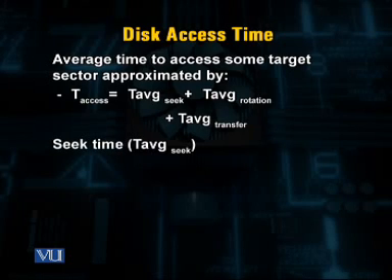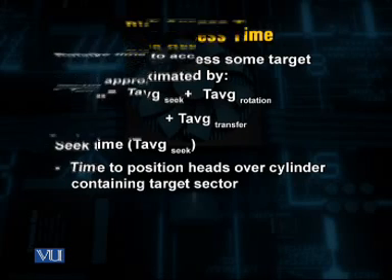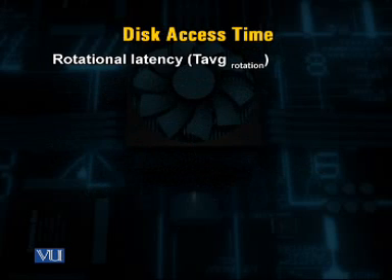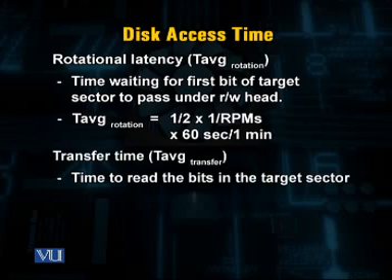Here the seek time is defined as the time to position the head over the cylinder containing the sector. The rotation latency is defined as the time waiting for the first bit of the target sector to pass under the read-write head, and the transfer time is defined as the time to read the bits in the target sector.